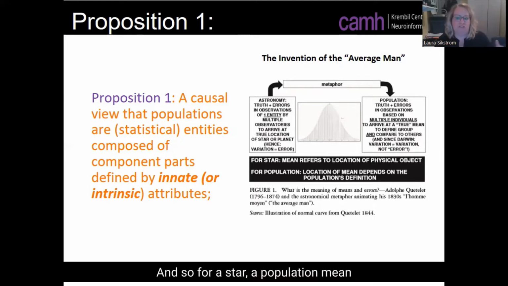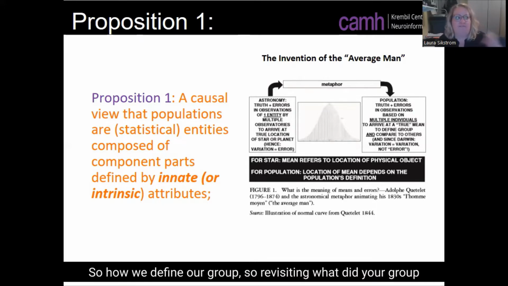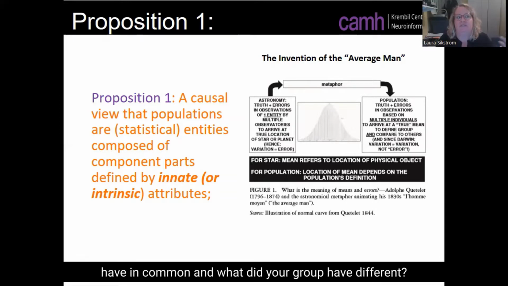And so for a star, a population mean refers to a location of a physical object. But for a human population, let's say, this actually depends on the population definition. So how we define our group, so we're visiting what did your group have in common and what did your group have different?